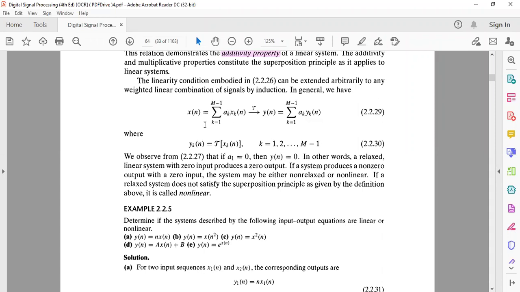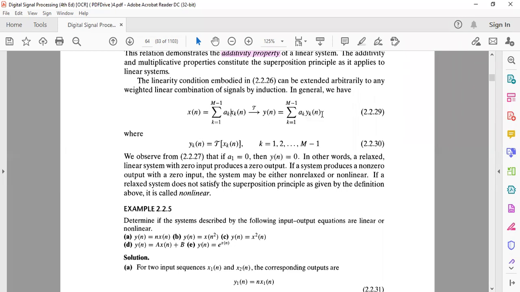When the input x(n) given by this is transformed by the system T to give you y(n), it is the same as having the sum of ak yk(n), where k is an integer. We observe from 2.2.7 that if a1 is 0, then y(n) equals 0.